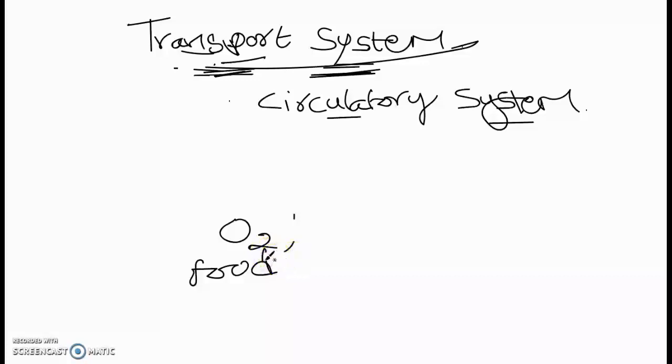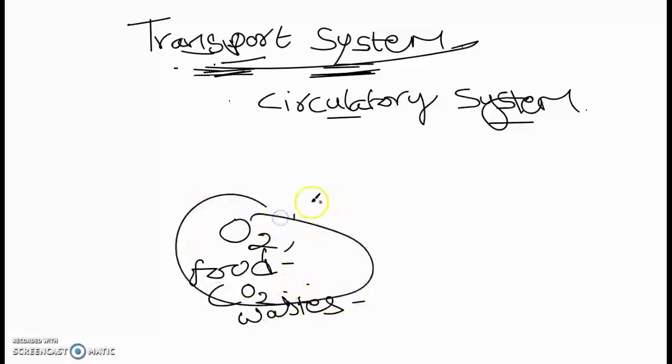And from every cell, carbon dioxide has to be sent out, and the metabolic wastes have to be sent out. So all these things require a particular system, because every cell is not near to a particular system in the body.